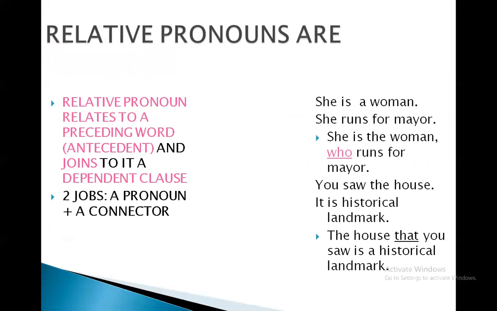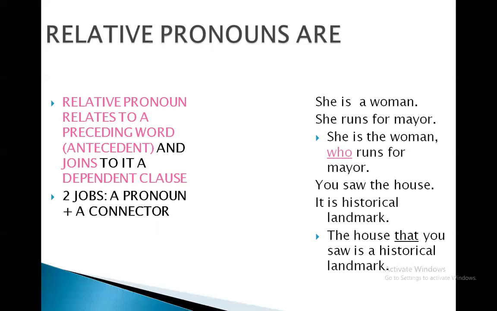And relative pronouns are the pronouns which show the relation, which join sentences. She is a woman. She runs for mayor. She is the woman who runs for mayor. These are two different sentences, but joined as one sentence with the help of who.